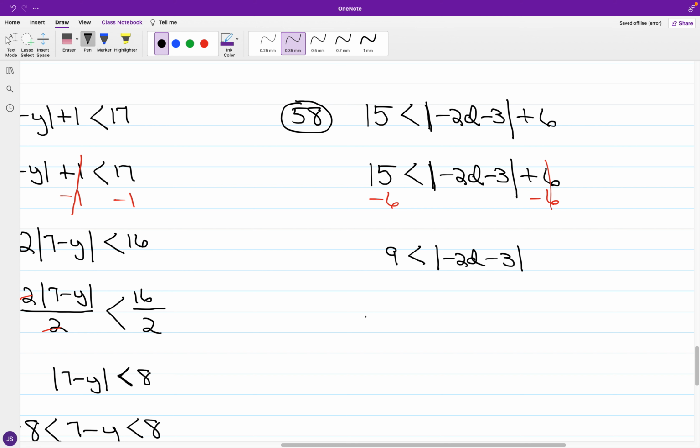So 9 is less than the absolute value of negative 2d minus 3 is the same as saying the absolute value of negative 2d minus 3 is greater than 9.